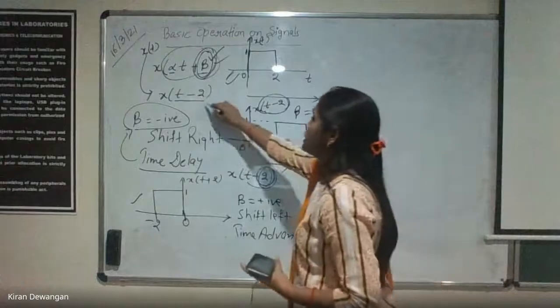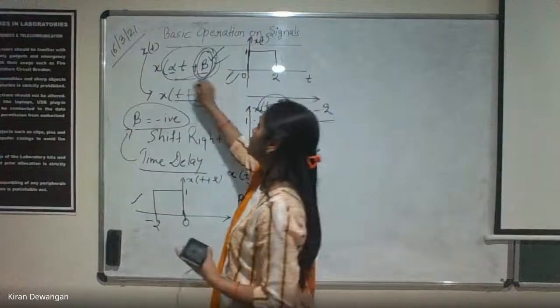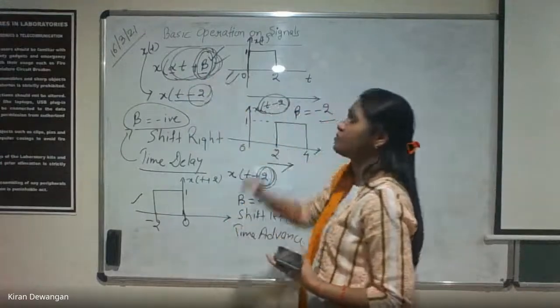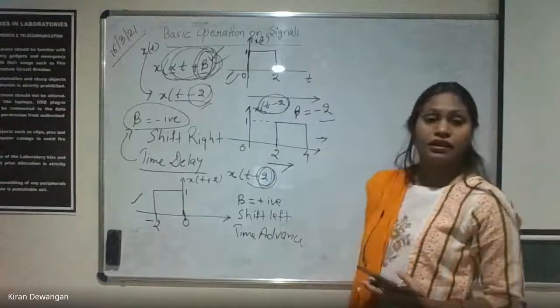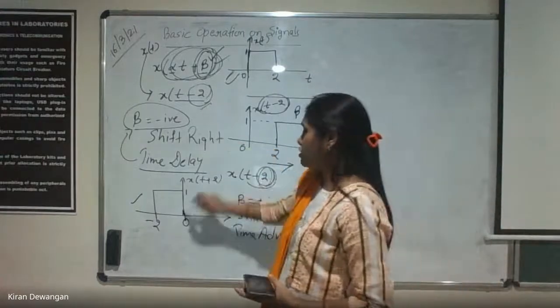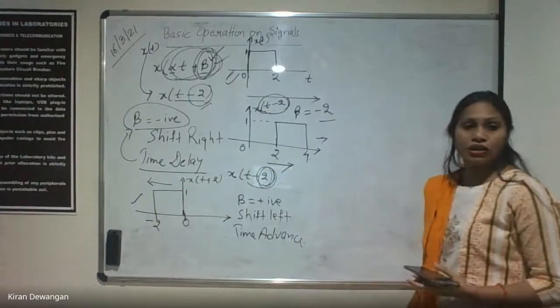If beta is a negative value, as in t minus 2 in alpha t plus beta, we are shifting right, that is time delay. If beta is a positive value, we are shifting left, that is time advance.